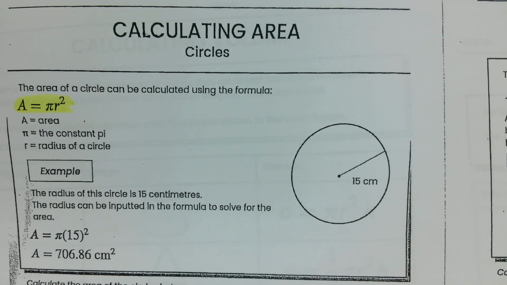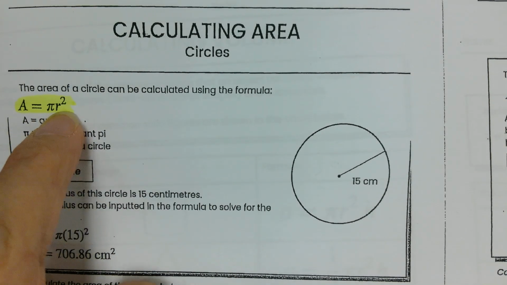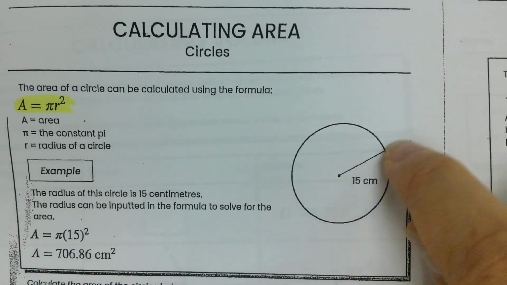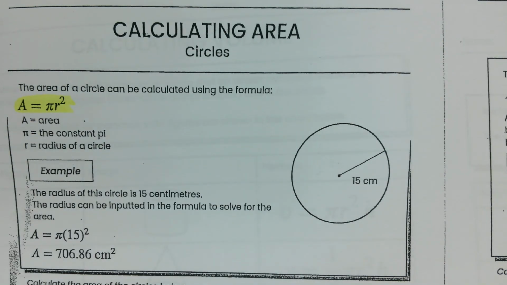So pi r square is for the area of a circle. Notice the formula is using r, so if I give you diameter, you know that you have to divide it by 2 to get radius.